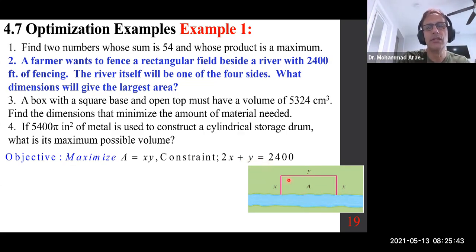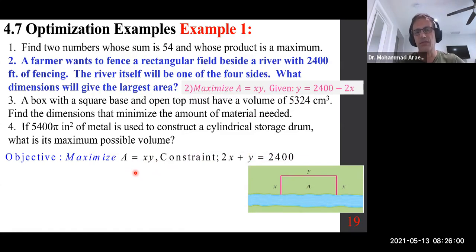This is the translation of your question. You want to maximize the area. There are two variables. We solve for one of them and put it in, so A becomes a function of one variable. So y is 2,400 minus 2x.